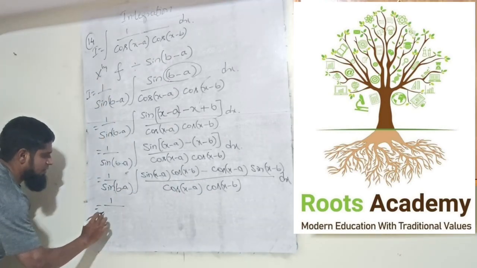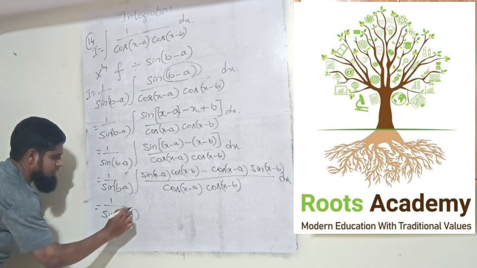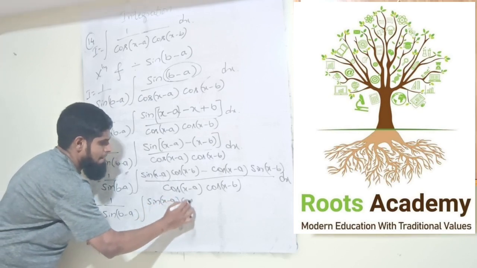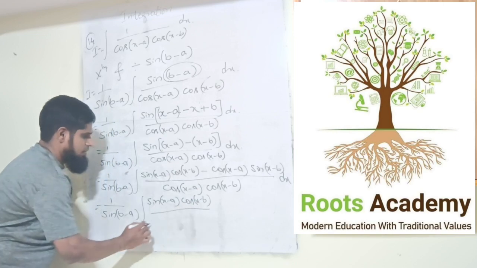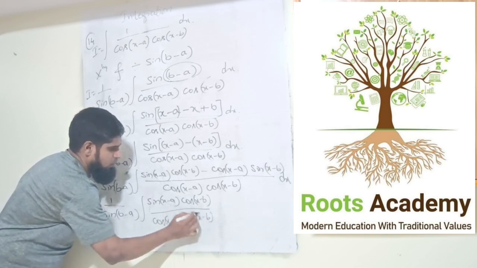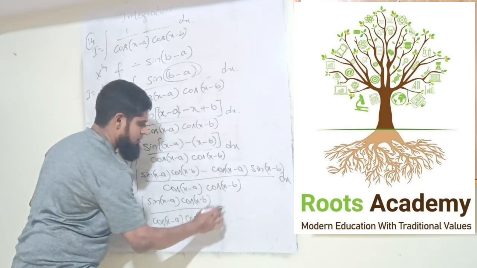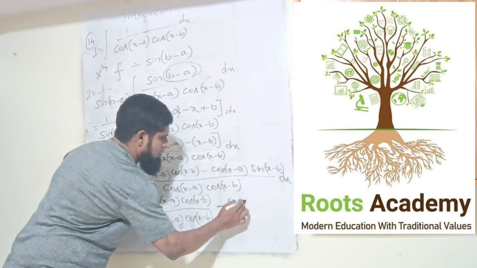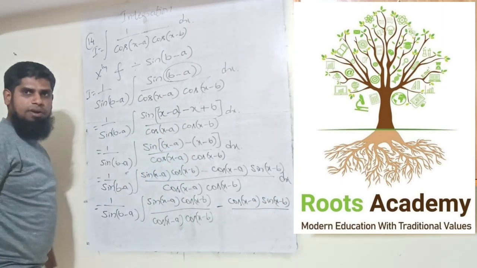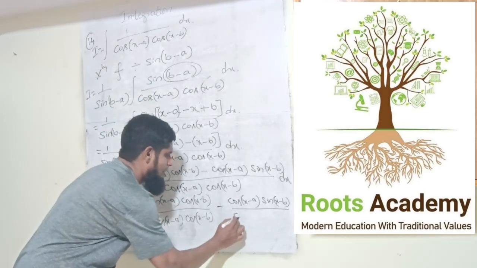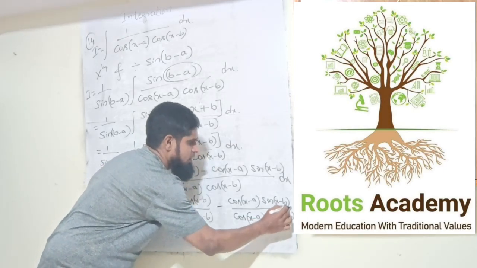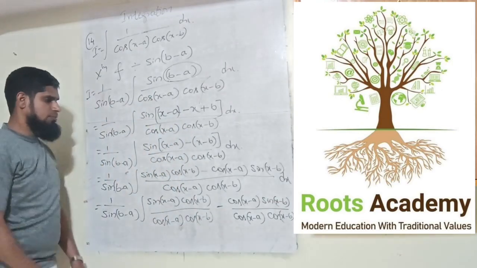So what do I get if I split? 1 divided by sine of b minus a integral, sine x minus a cos x minus b divided by cos x minus a cos x minus b, minus cos x minus a sin x minus b whole divided by cos x minus a cos x minus b. dx is there.